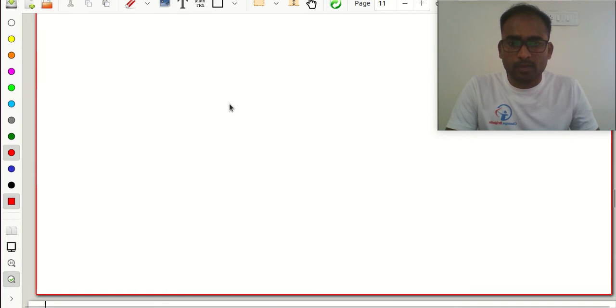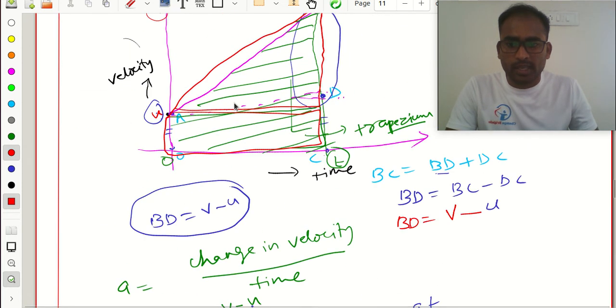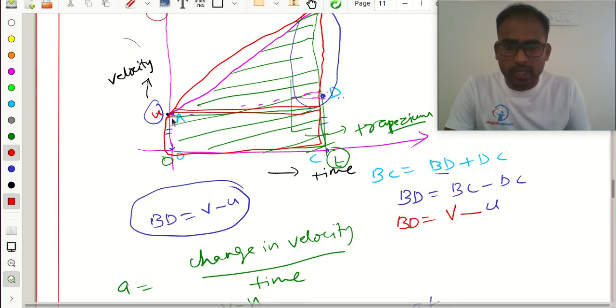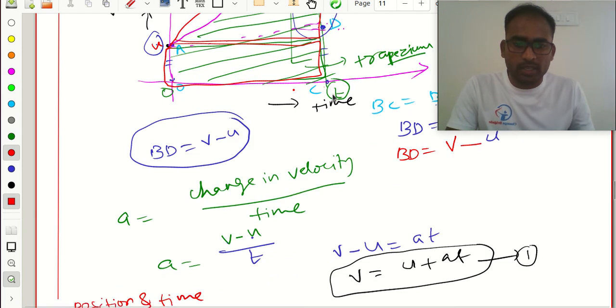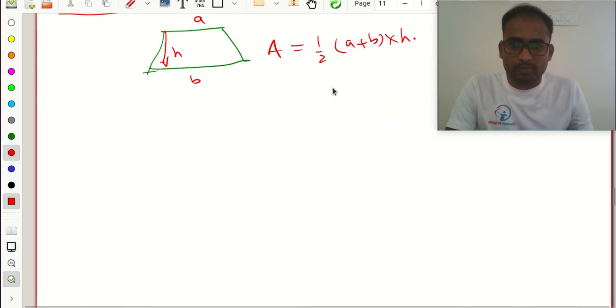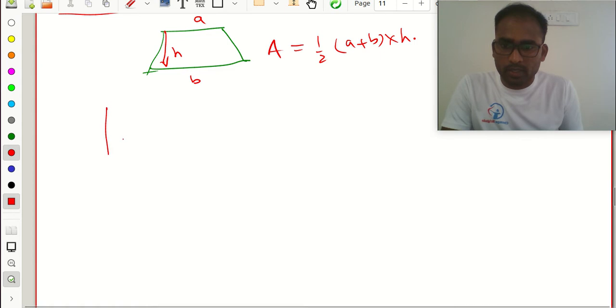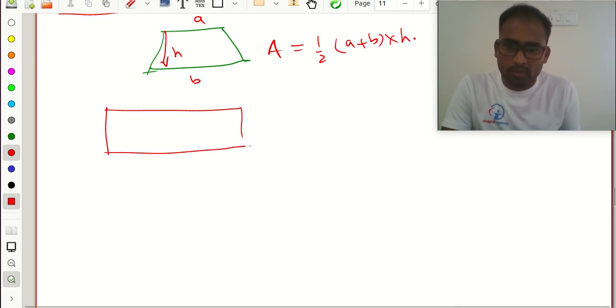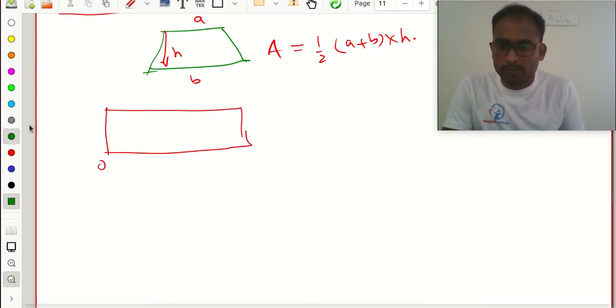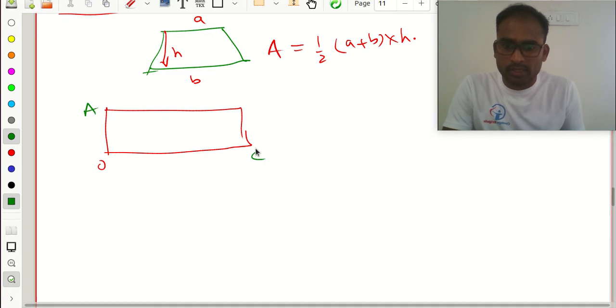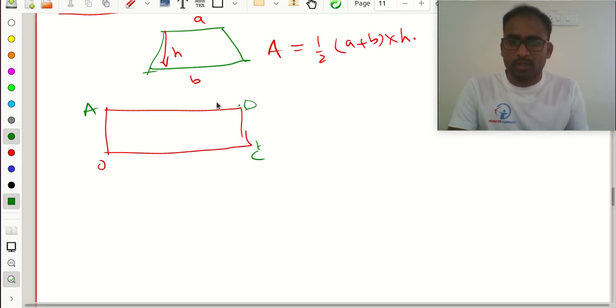See here, same. We will calculate this rectangle, OA multiplied with OC. What is the area of this rectangle? We have a rectangle with this one OA, and here C, this is our time t. So this is D. What is the area of rectangle?